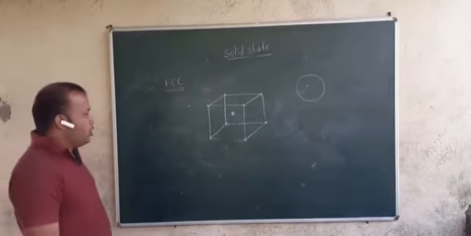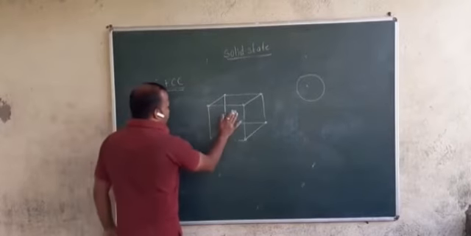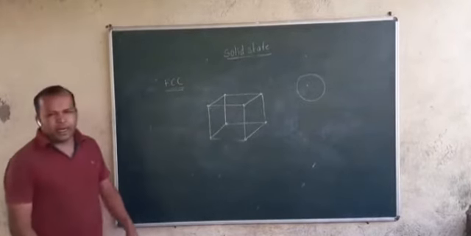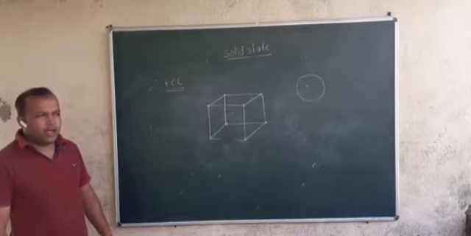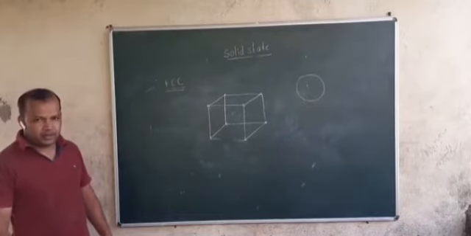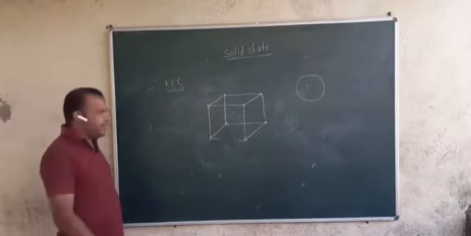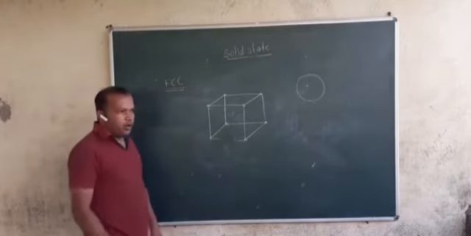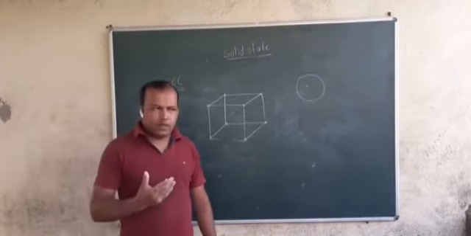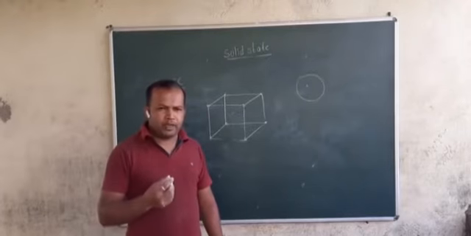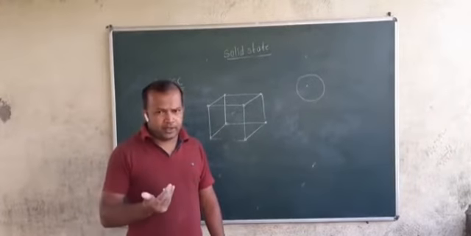In face center cubic crystal, 8 constituent particles are at 8 corners and 6 in the 6 faces. What is 6 in 6 faces? Do you know a cube has how many faces? This I have already explained. You play the game Ludo. There are 6 faces.